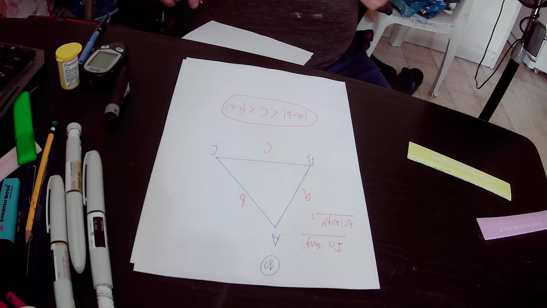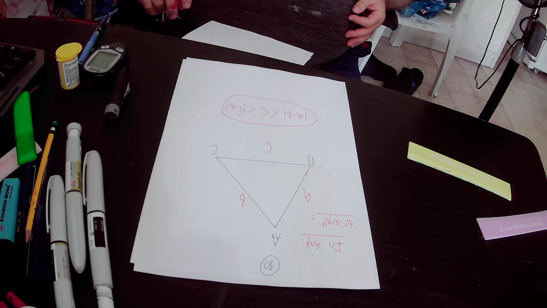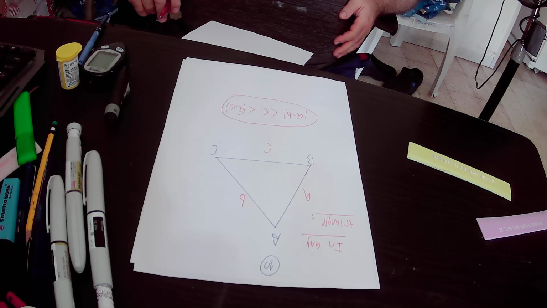Actually, what the rule says is that the sum of the two sides of a triangle is always greater than the third side, and the difference between two sides of any triangle is always smaller than the length of the third side.